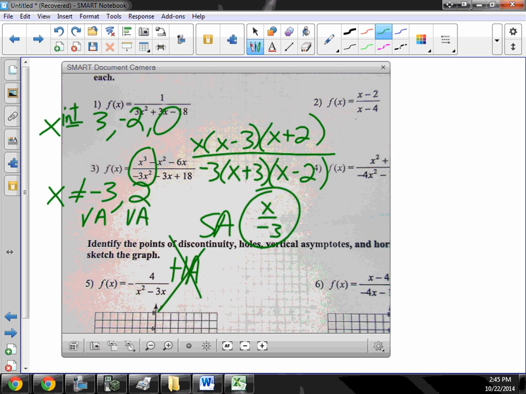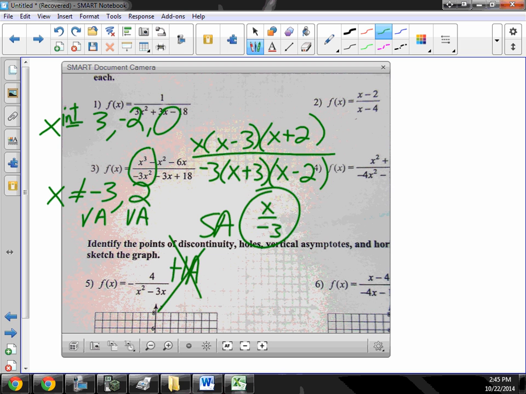I divided the first two terms, and I ended up with the equation of a line. If you divide the first two terms and you get a number, that's your HA. If you get no x's in top and x's in the bottom, then your HA is at 0. If you get the equation of a line, then it's a slanted asymptote.